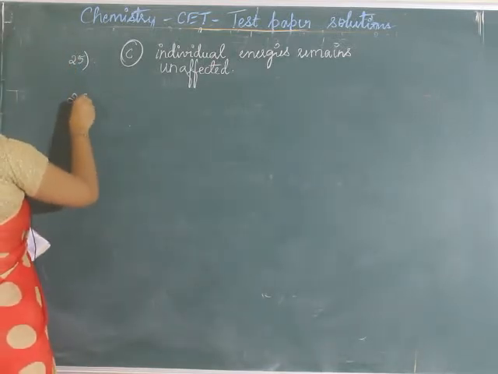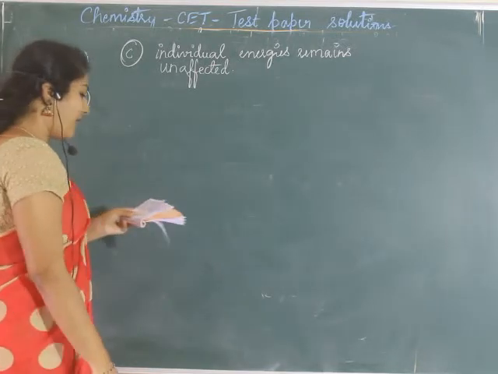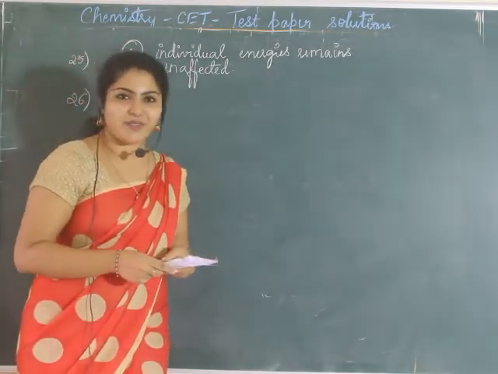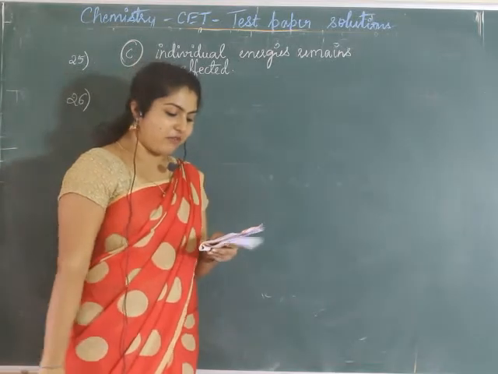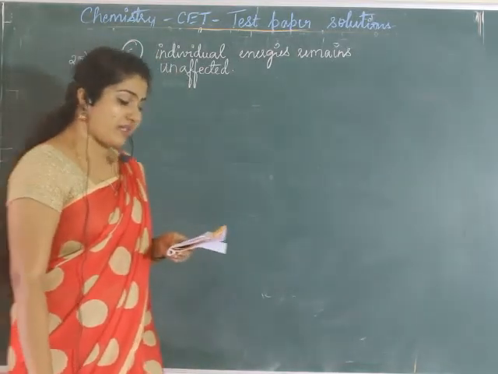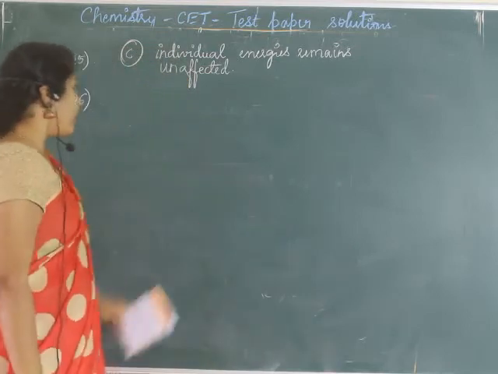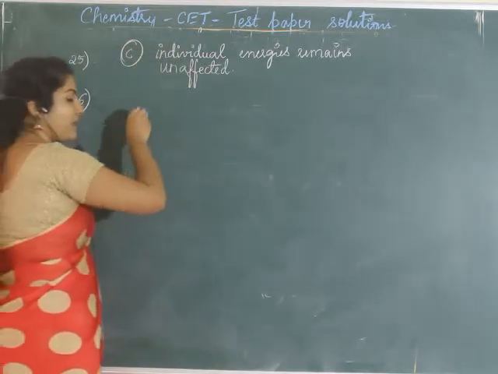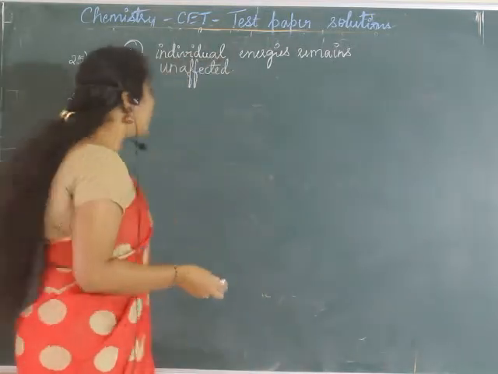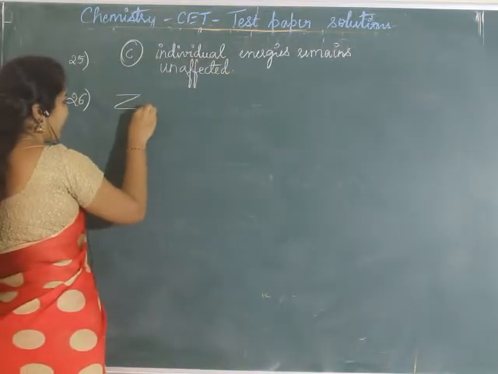Question 26. The deviation from ideal gas behavior can be measured in terms of: Boyle's point, ideal equation, Charles expression, compressibility factor. To check whether a real gas behaves as an ideal gas, we have a factor called the compressibility factor.